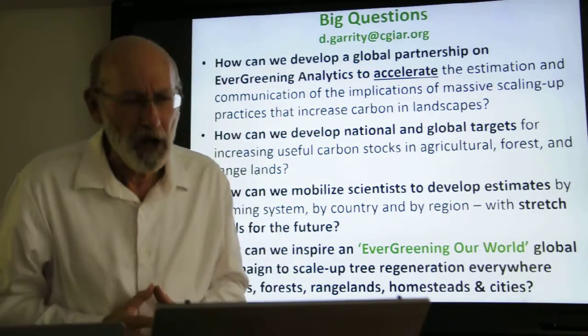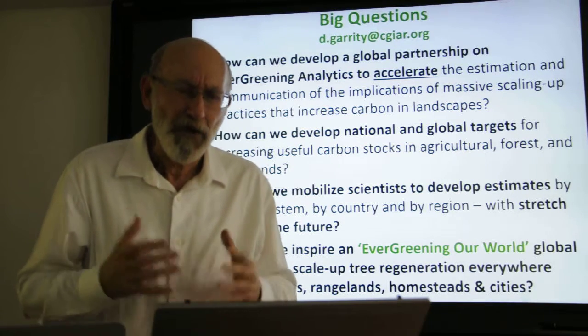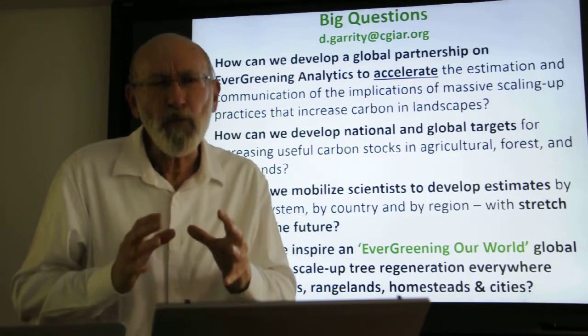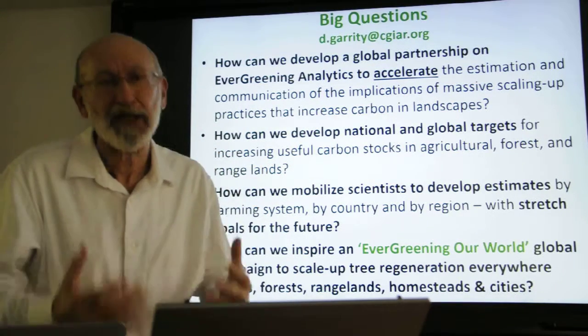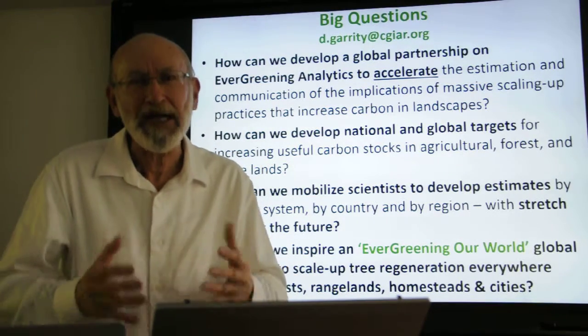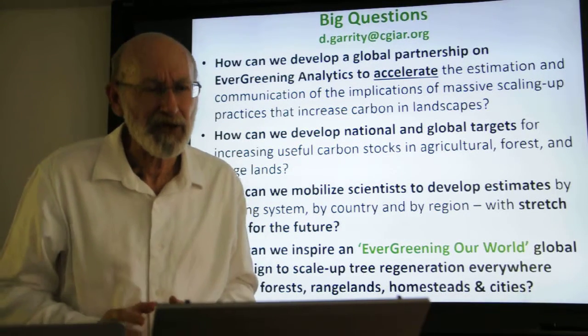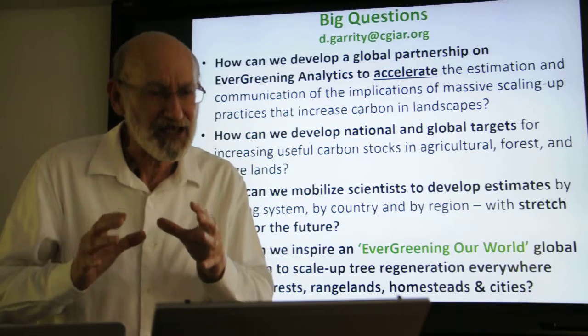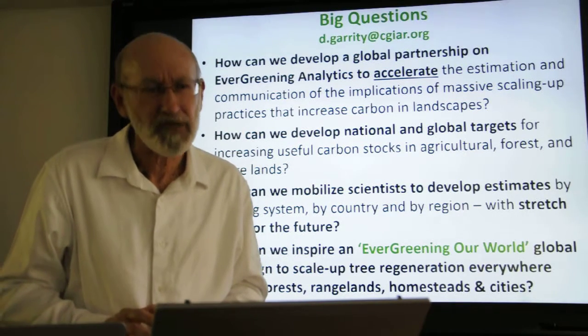So let me sum it all up. The big questions, as I see it, are number one, how can we develop a global partnership on EverGreening analytics to accelerate the estimation and the communication of the implications of massive scaling up practices that can increase carbon in landscapes?